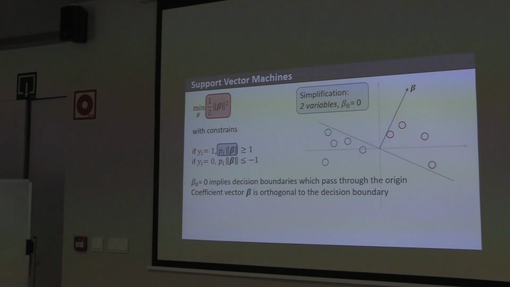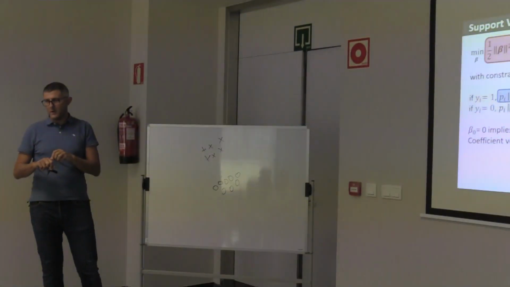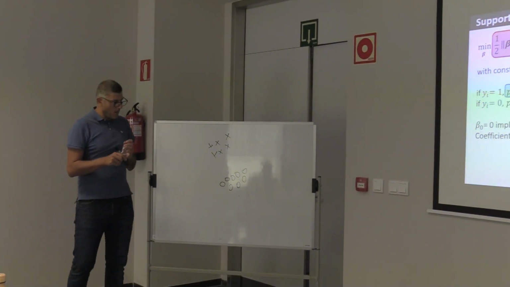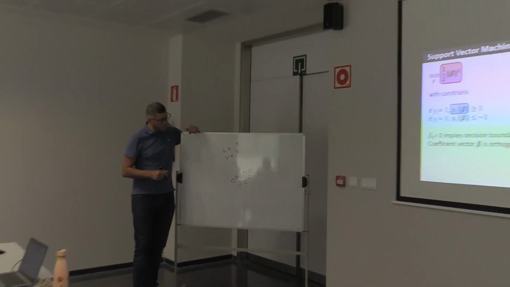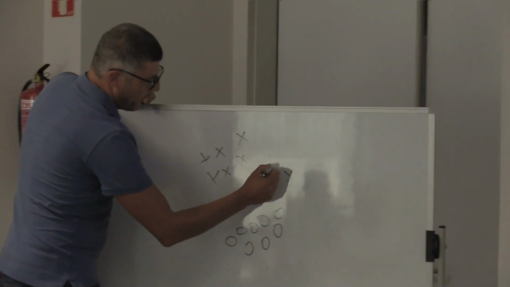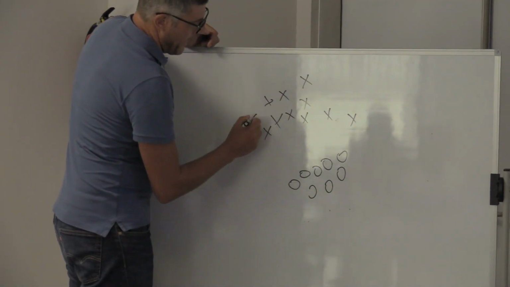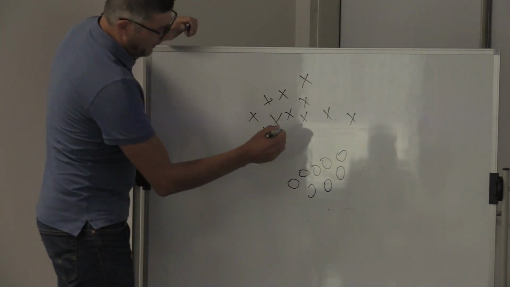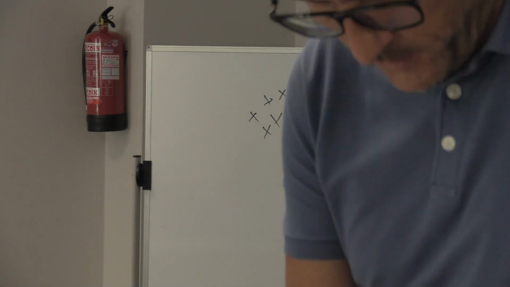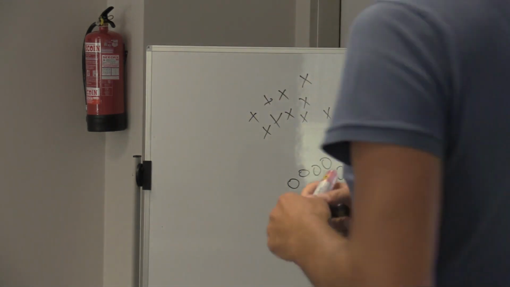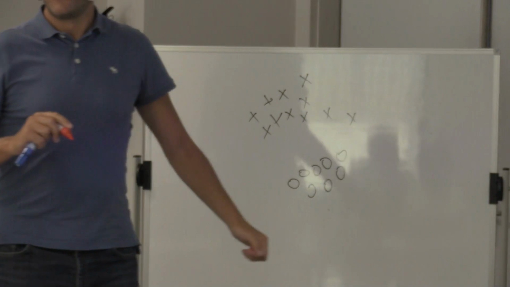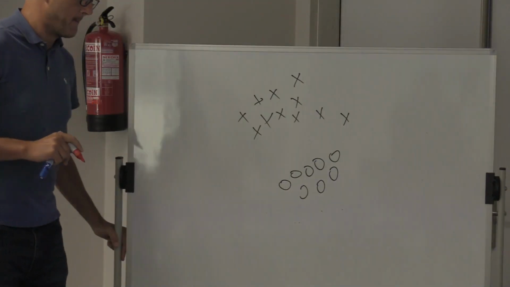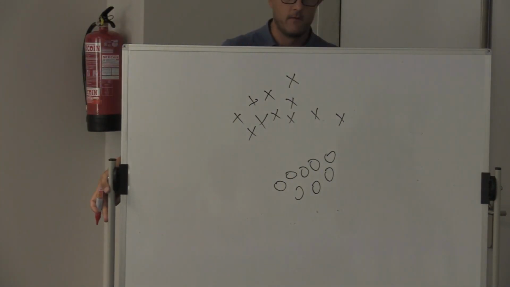Let's say you have these 2 classes and you want to use support vector machines. Where do you think it will choose a nice boundary which maximizes the margin? Let's use another color. Davide, can you move a little bit the... Yeah, perfect. Beautiful.